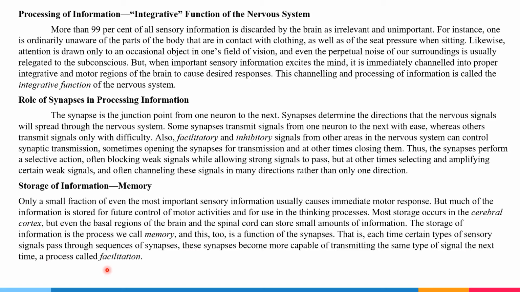And thus, in this form, memory is developed in the nervous system. That is, the next time a particular stimulus is received, it will be facilitated to move through a particular pathway, and thus the body can effectively respond to the stimulus in a prescribed manner.